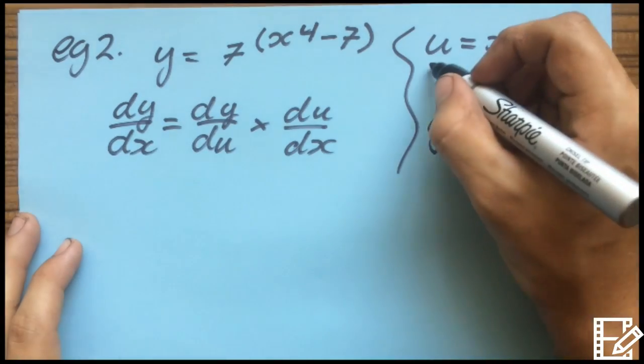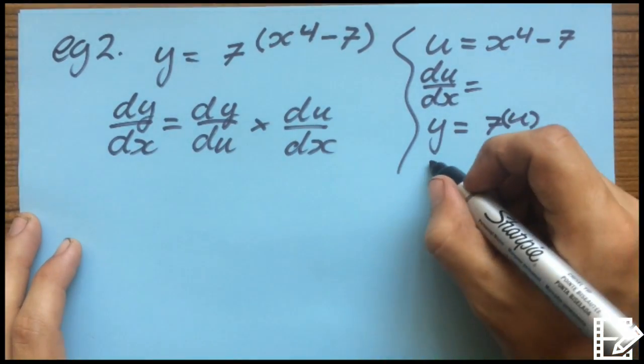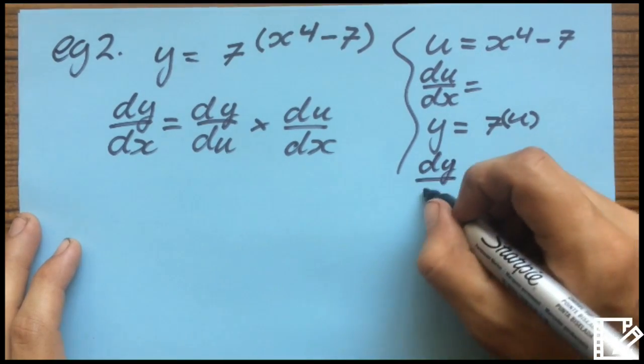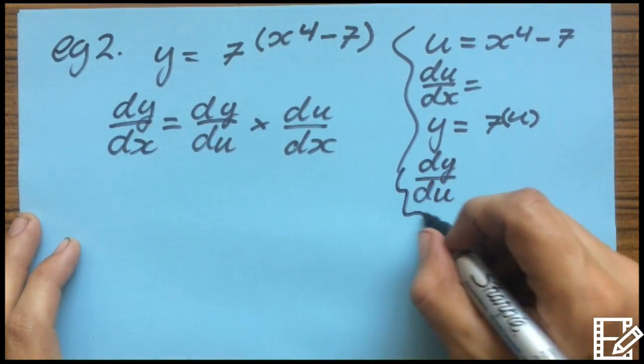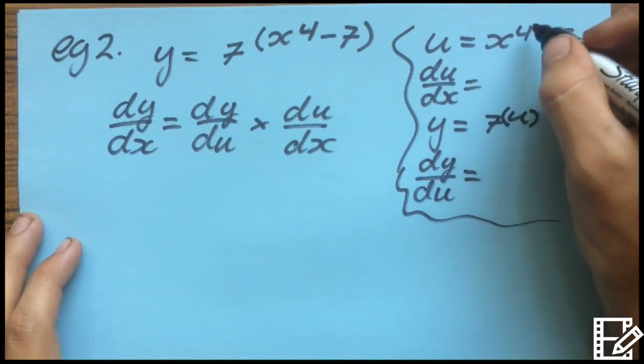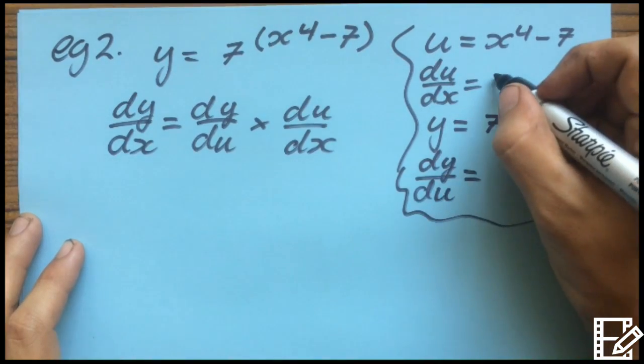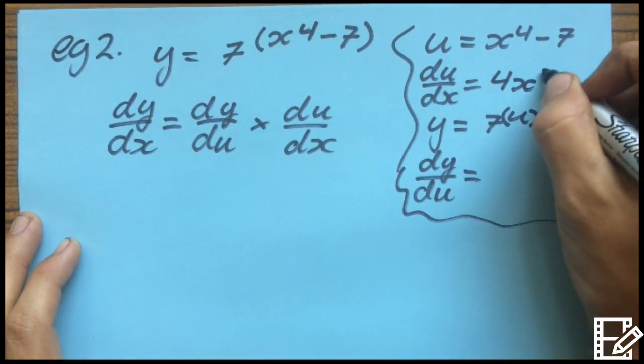So we find the derivative of u with respect to x, and we find the derivative of y with respect to u. Okay, so u being x to the power of 4 take 7, the derivative of u would be just 4x^3.